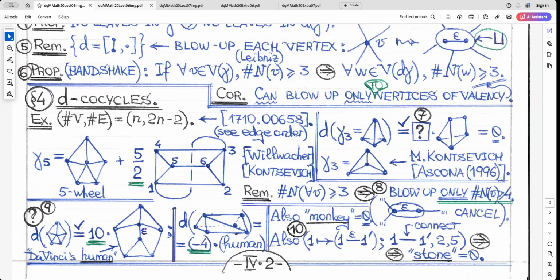Running a little bit ahead, there is a fascinating paper by Willwacher and Zhivkovich. Zhivkovich then went to Luxembourg to Merkulov. By calculating Betti numbers, we can calculate the dimension of graph cohomology up to vertex-edge grading up to 30.